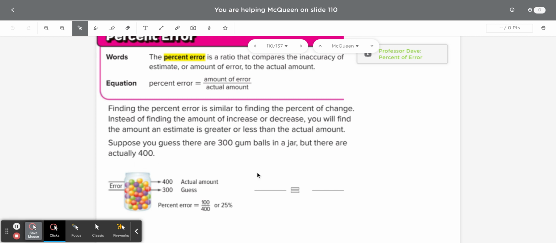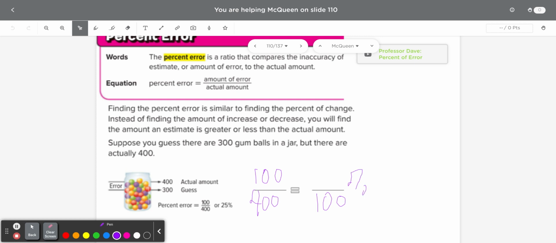So we know that the actual amount is 400. Okay, what happened? Well, you guessed 300, so you were off by 100. And so you will set that up to a percent. If you had guessed 400 exactly, you would have guessed 100% spot on.